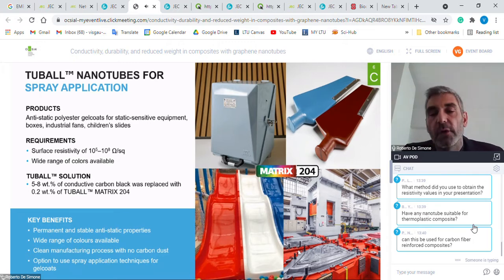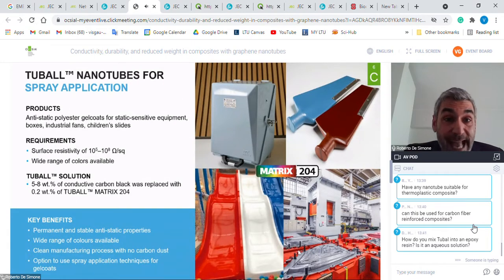Even in this case, we are talking about vinyl ester resin. So, as I highlighted before, it's a sensitive topic for the electronic industry, for pipes and tanks, or for different industrial requirements when surface or volume resistivity is needed: use Tubal to reduce the impact on viscosity, to achieve different colors, and to keep mechanical properties with a very stable range of resistivity.